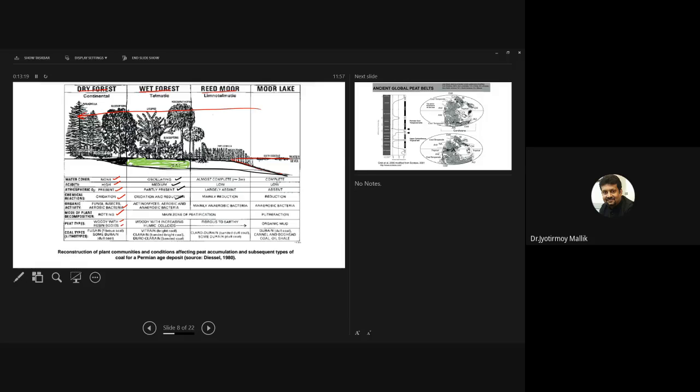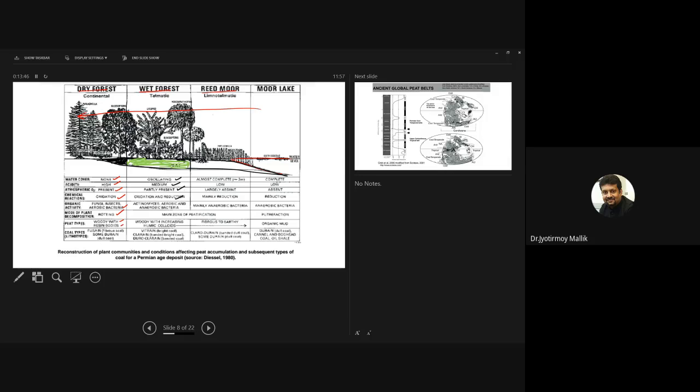Now, if we go even more distal in the reed moor area, atmospheric oxygen is almost absent. Acidity is low. Water cover is almost complete, it is most of the time below the water. Chemical reactions are mainly reduction, and mainly anaerobic bacteria.